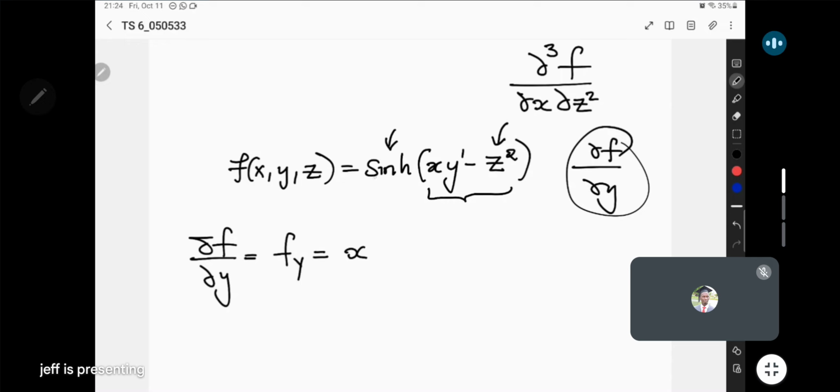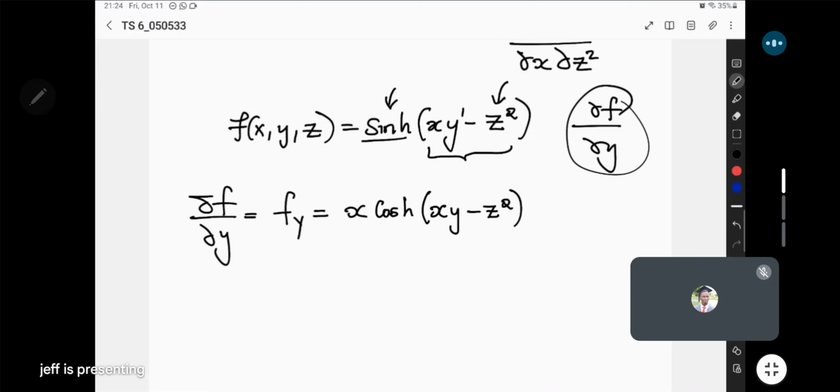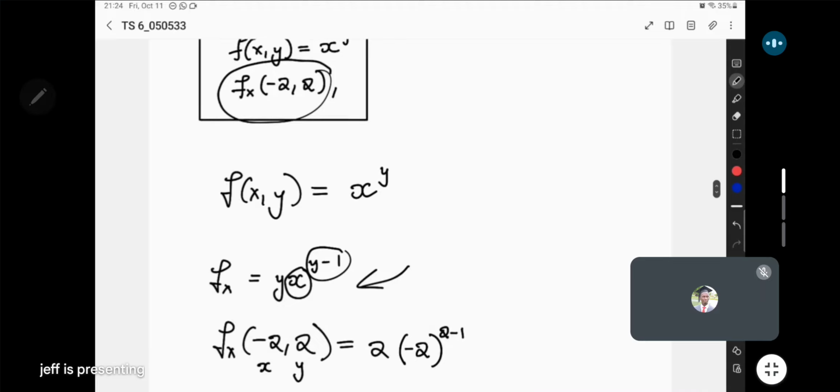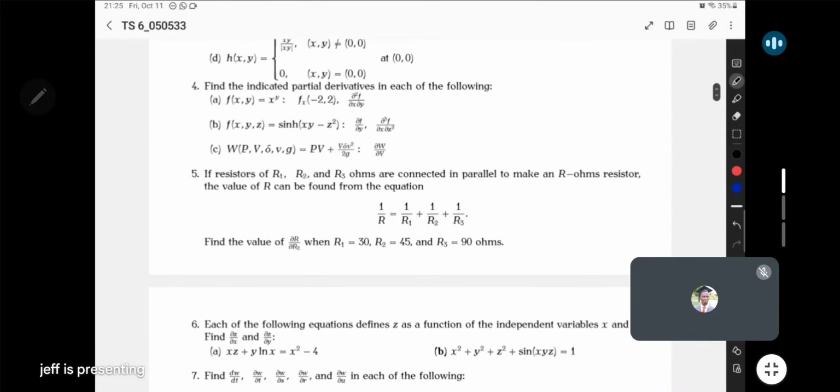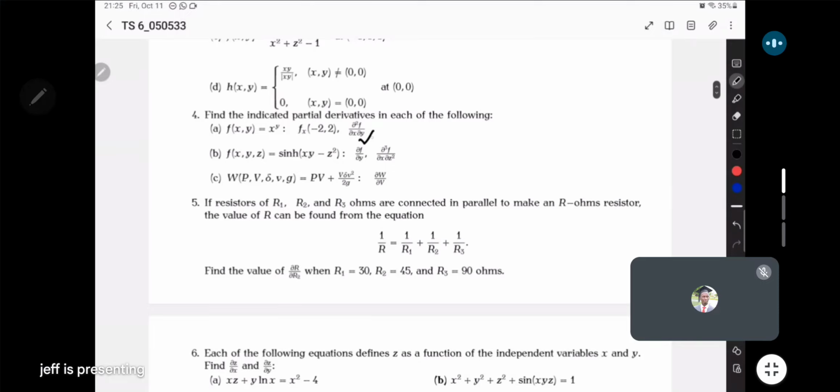The derivative of sinh is going to be cosh. And then the argument remains the same. So this is what we end up having as the first partial. The first part was just to get the partial with respect to y, which we have obtained.